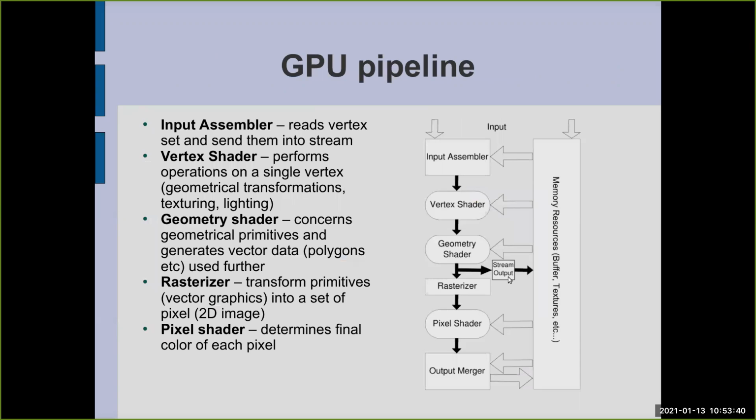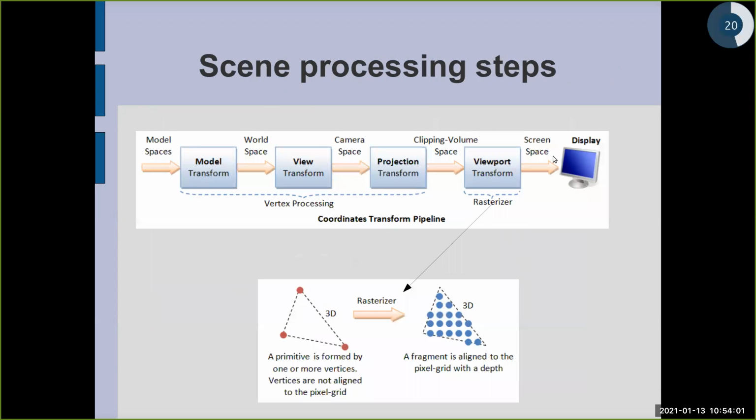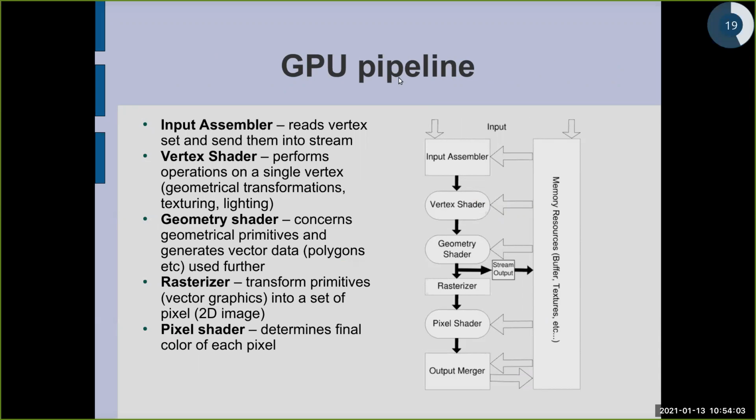But these stages are performed mostly in the GPU. So when we have a scene and we have all elements like materials, textures, and so on prepared, this process is performed in the GPU. So it is called the GPU pipeline. It starts from something which is called an input assembler.